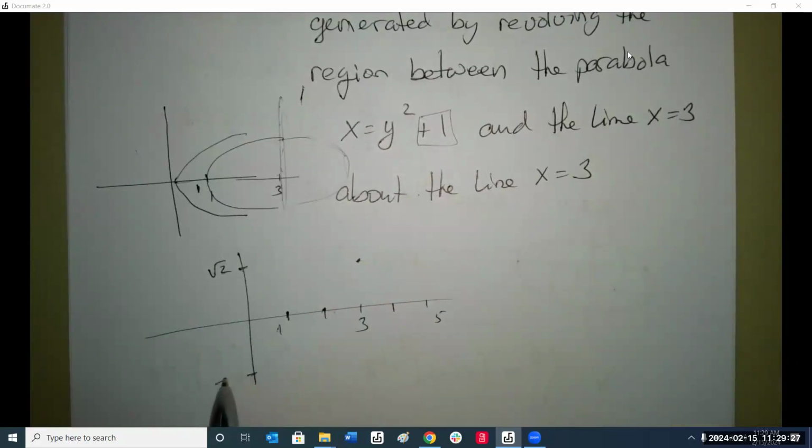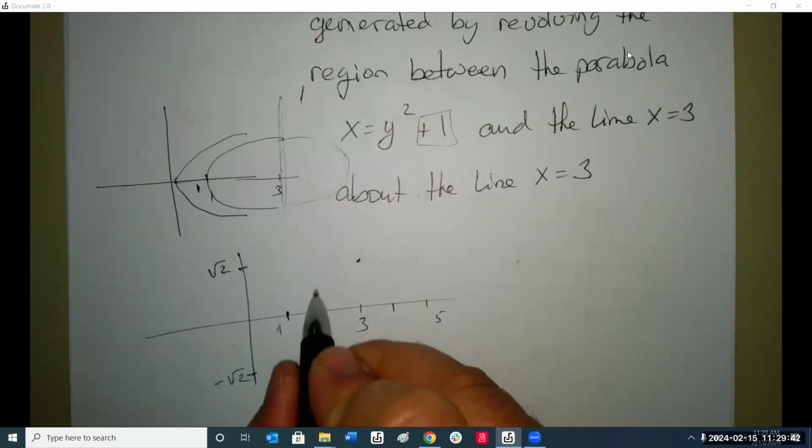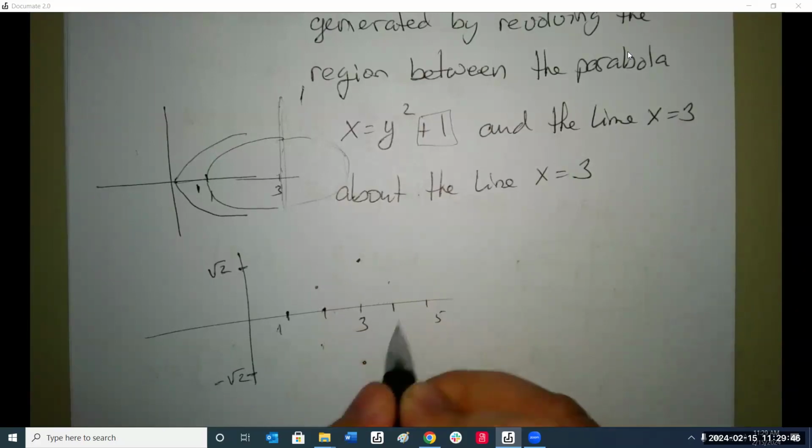Which means we have a negative square root of 2 down here. And at 2, the square root of 1 is just 1.